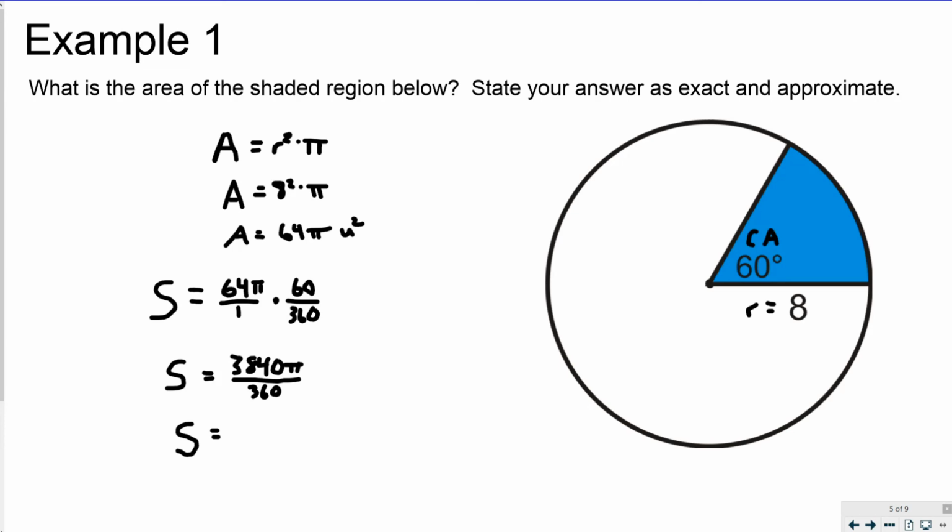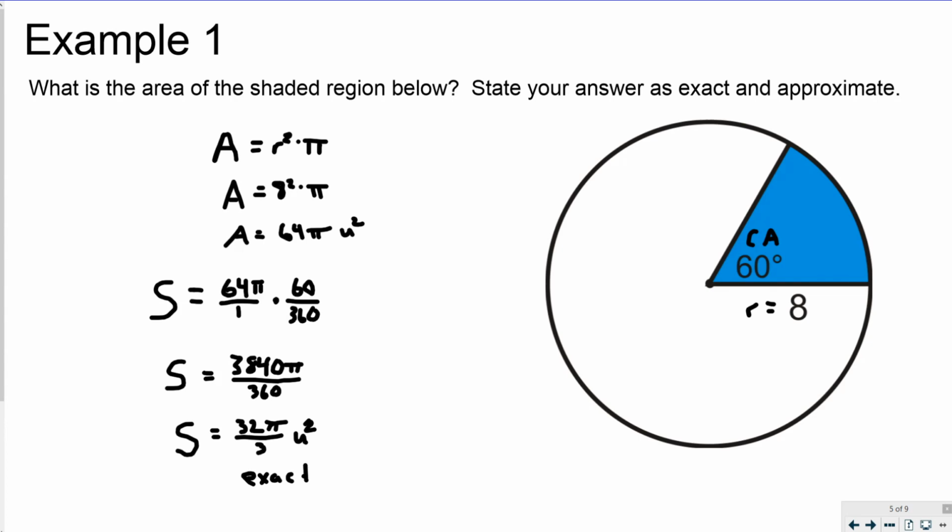So as a fraction, it's 32 pi over 3 units squared. Remember that because it's still an area calculation, area is always squared. So that's my exact answer.